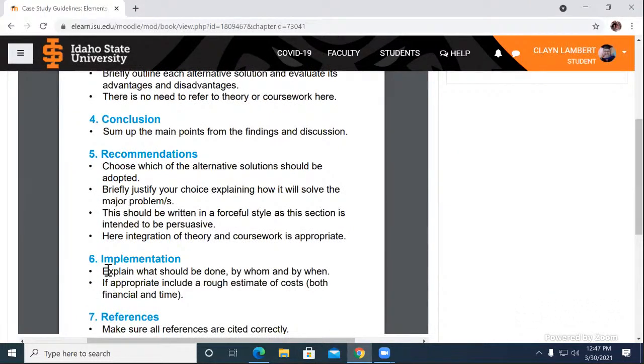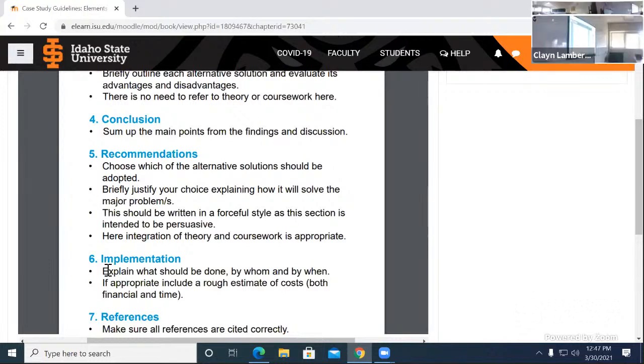What am I going to do in number 5? Justify why you chose this solution. Well, but have I told you what the solutions are yet? State what solutions there are. So, for example, I've identified the problem that McDonald's chose to ignore the ethical minimum and offer only the legal minimum.